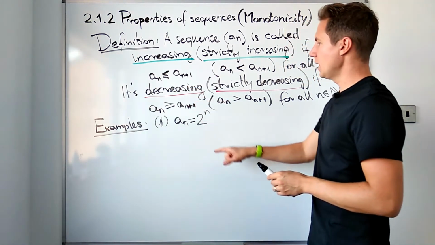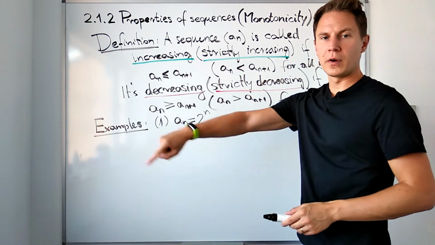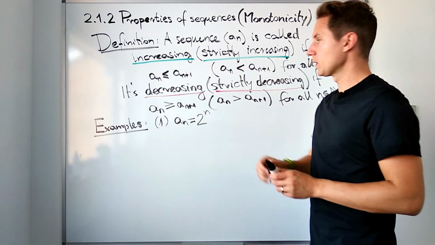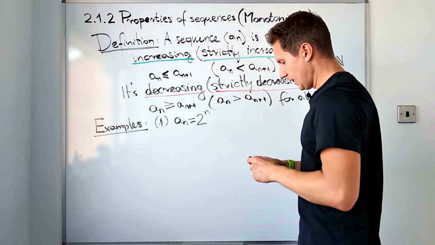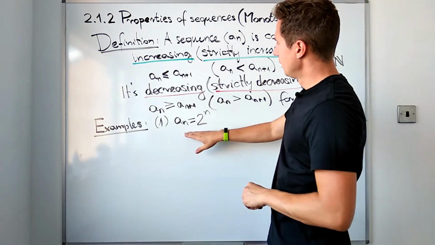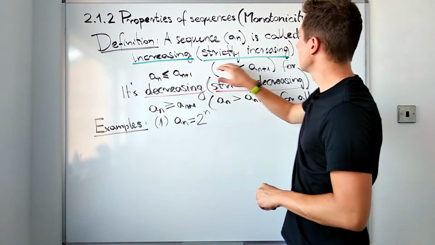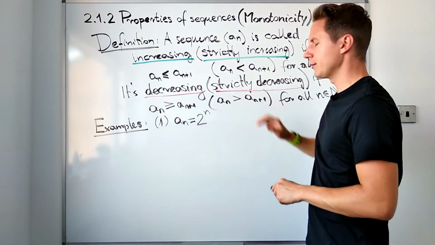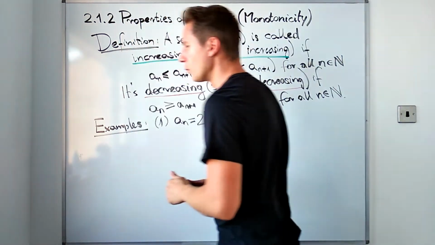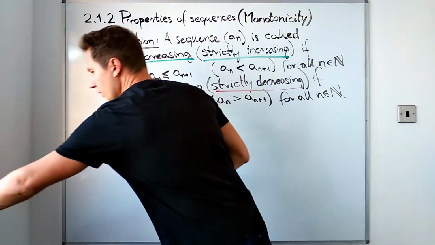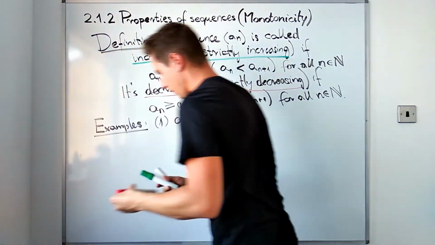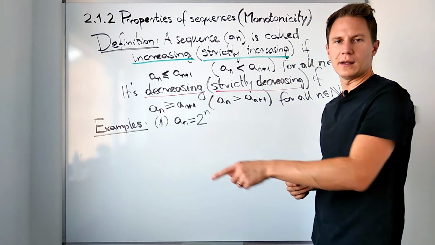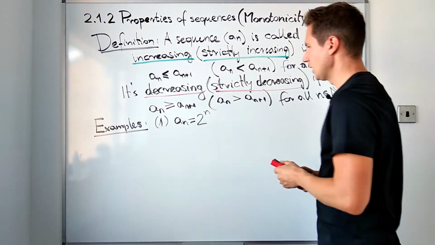I want you to use the options below to decide whether it's increasing, strictly increasing, decreasing, or strictly decreasing. You can select more than one of these if it happens to be the case. Stop the video and vote for your answers below.